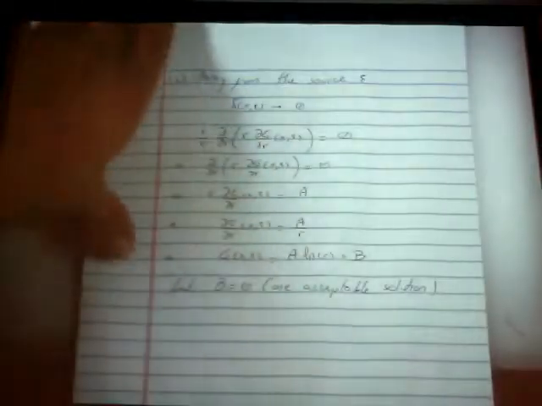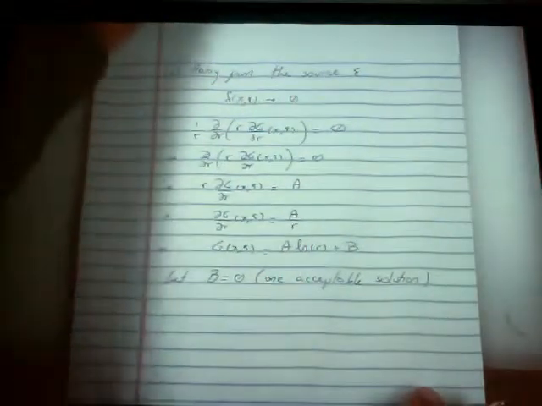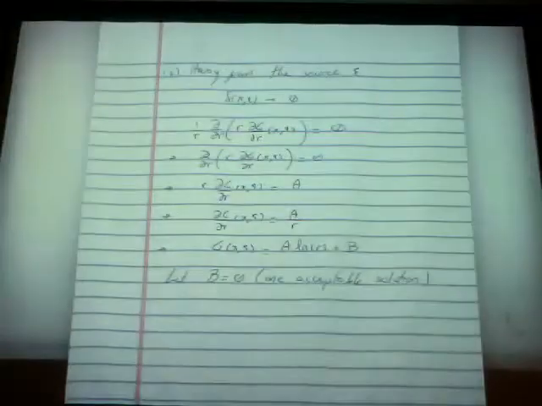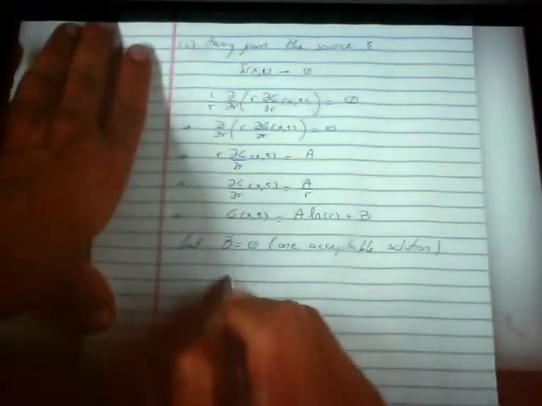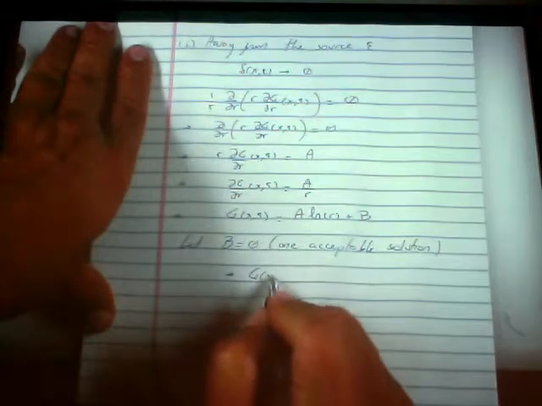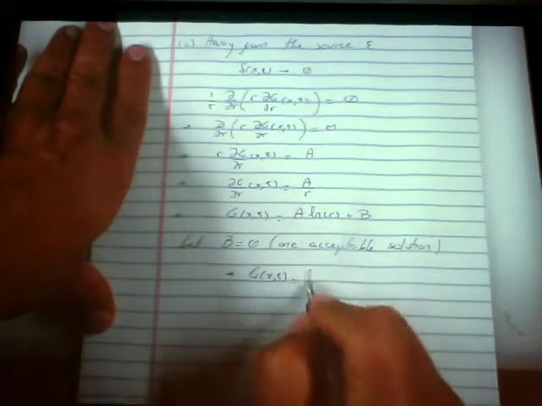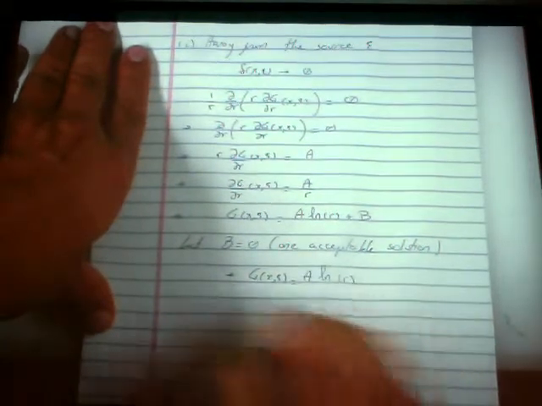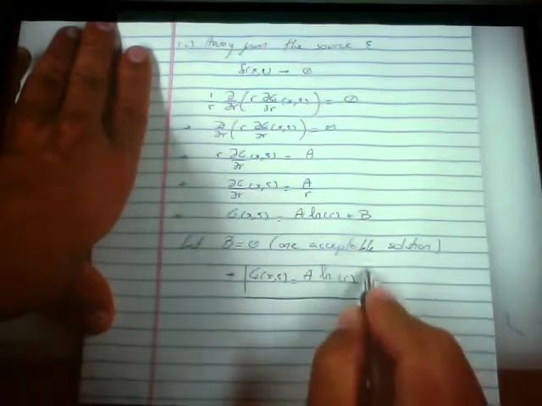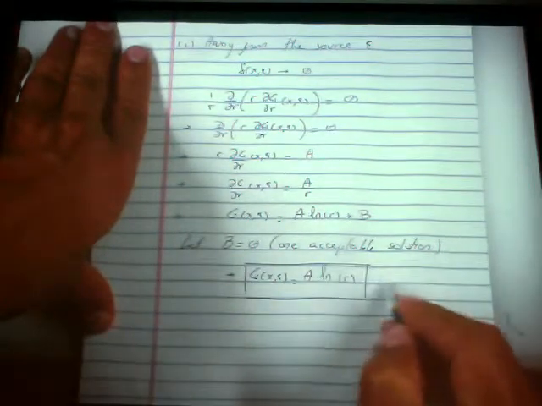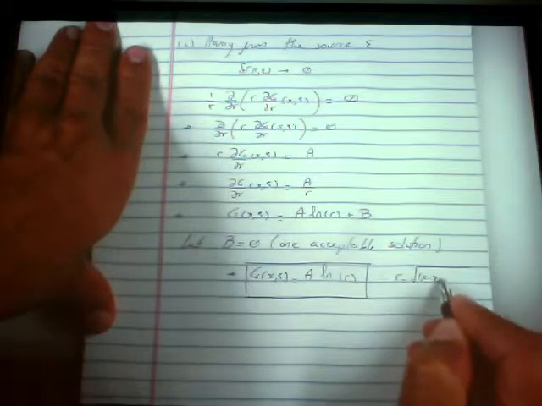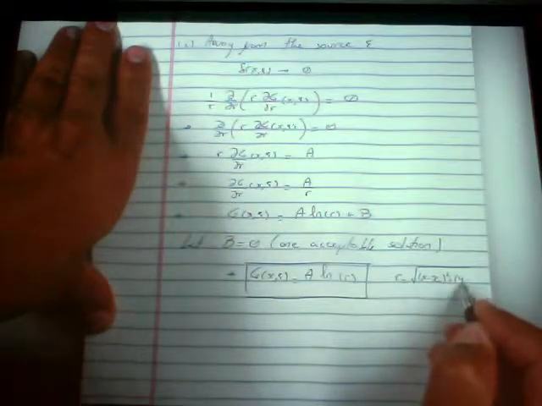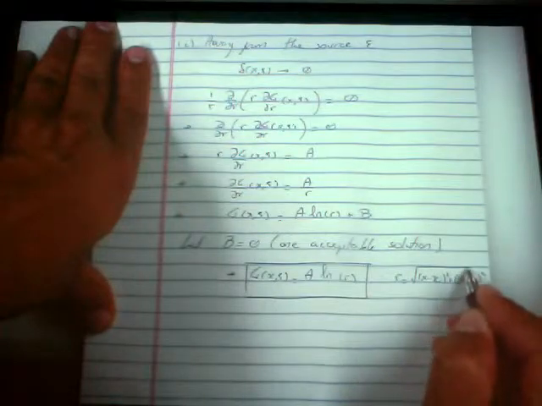So the b will not make any difference in the overall solution. So what we have so far is that g of x and y is equal to a log of r. Recall that r is equal to the square root of x minus xi squared plus y minus yi squared.